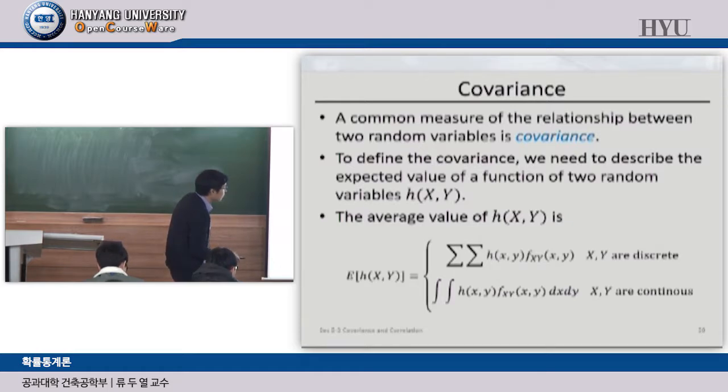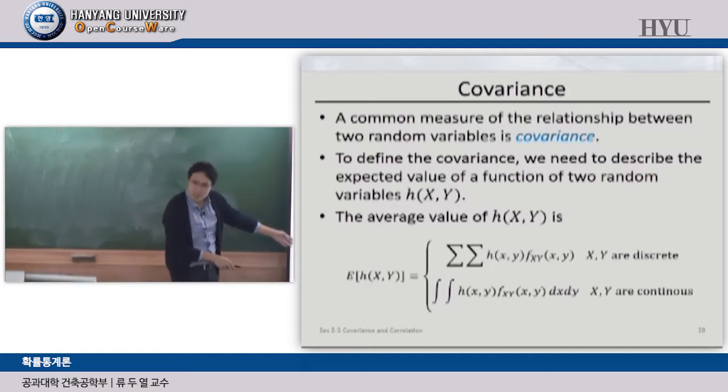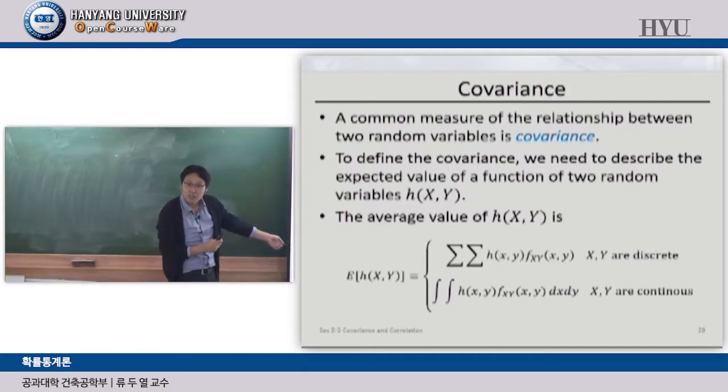And in the case of the continuous random variable, that is equal to the double integration of h(X, Y) times the joint probability density function f_XY. Okay? So based on this h(X, Y) formulation and this relationship, we can determine the covariance, the relationship between the two random variables. Okay?